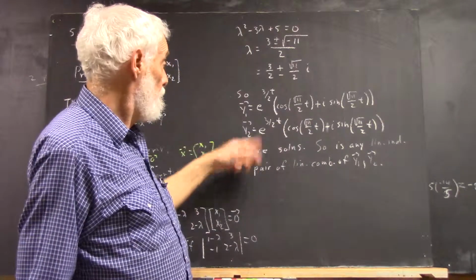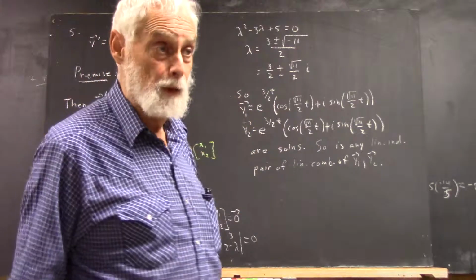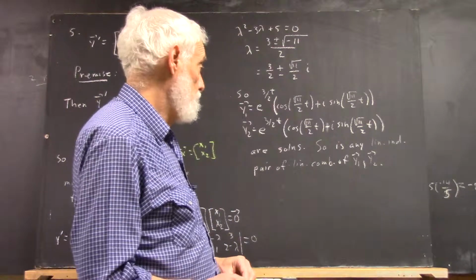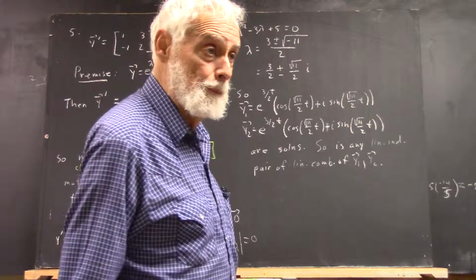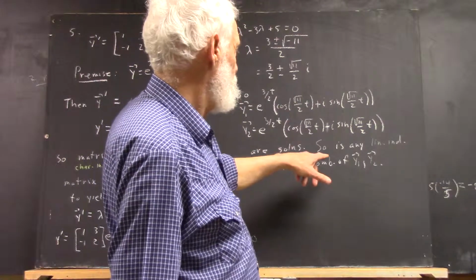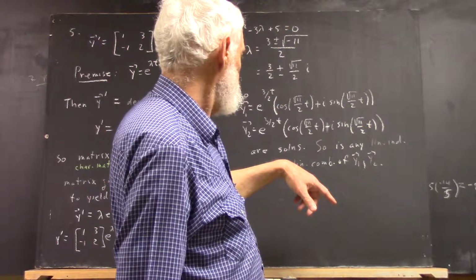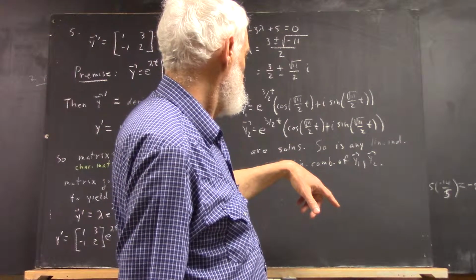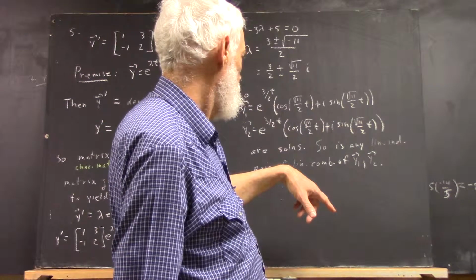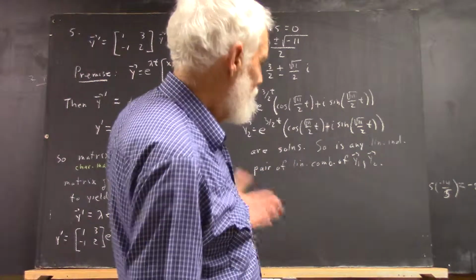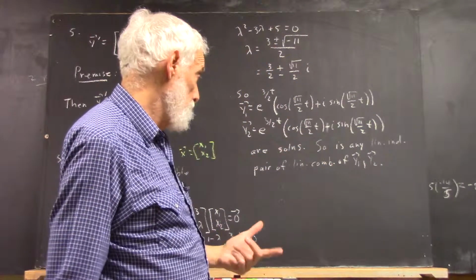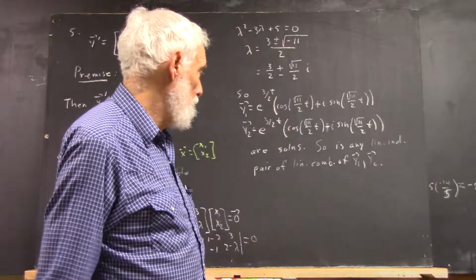Now we could go ahead and do the Wronskian of this, determine that they're linearly independent. Okay? It's a little easier to use a simple linear combination. So I'll say these are solutions, and so is any pair of linear combinations.